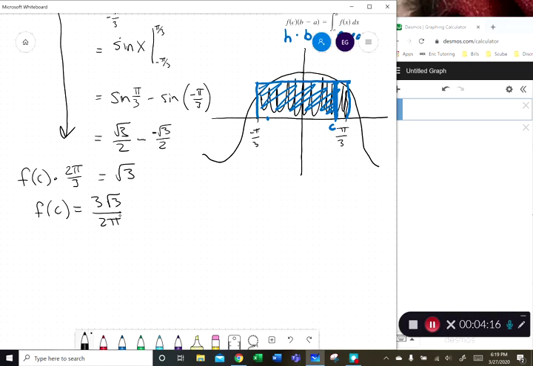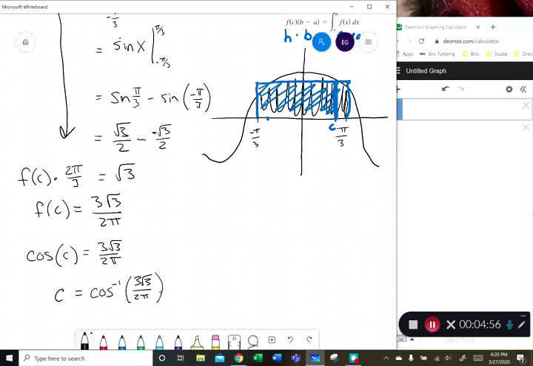Our f function is the cosine function, so f of c is the cosine of c, equal to 3 root 3 over 2 pi. To solve for c, we have to eliminate the cosine function, so we take the arc cosine, or the cosine inverse, of both sides. So c should equal the arc cosine of 3 root 3 over 2 pi.